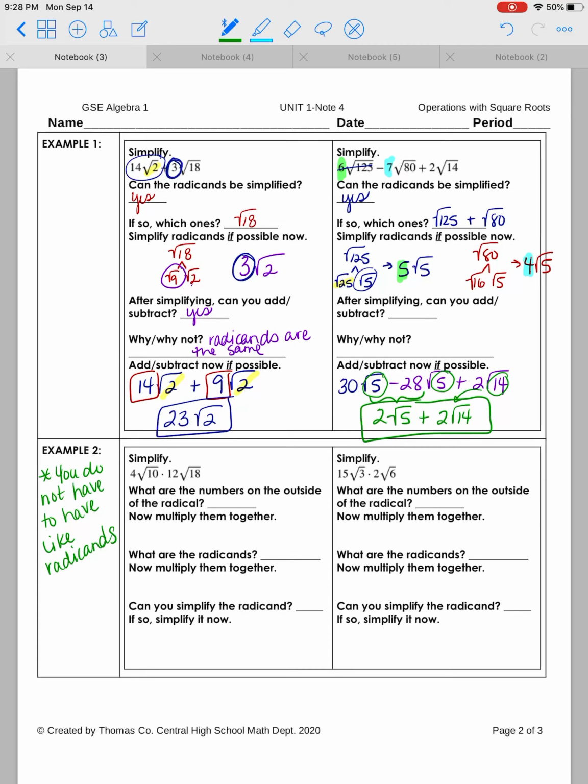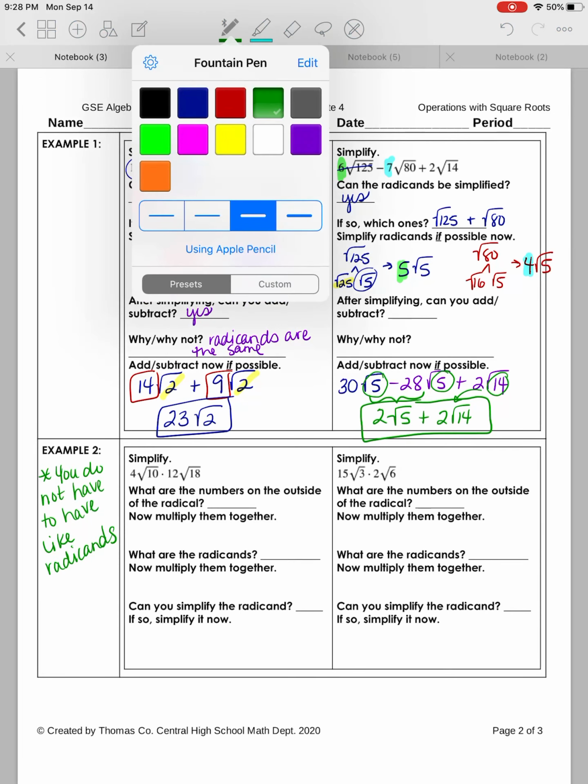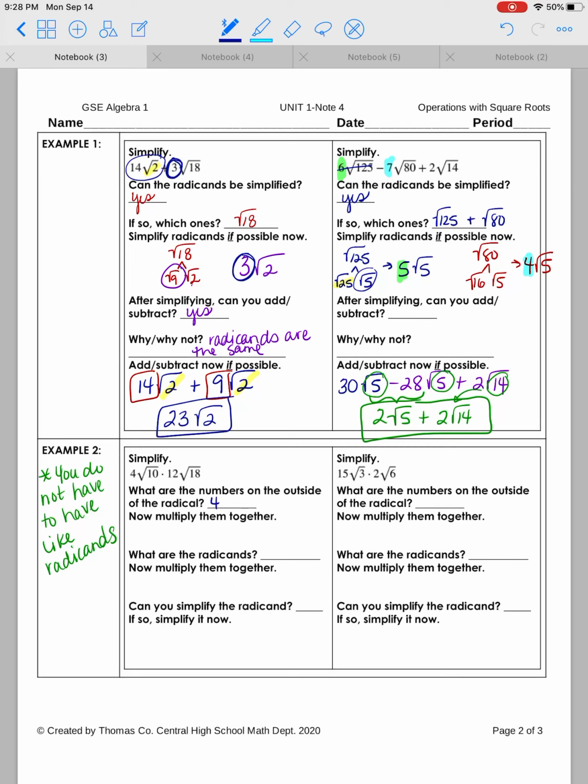Okay, so 4 square roots of 10 times 12 square roots of 18. We can do this. What are the numbers on the outside of the radical? My outside numbers here are 4 and 12. So we can multiply these together. 4 times 12 is going to give me 48.